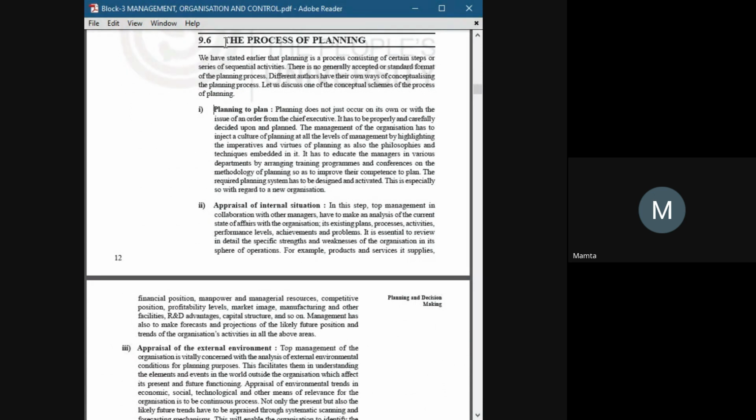Now coming to the process of planning. So the first part is planning to plan. The first step we take forward to the plan is planning to plan. We need to think to plan. Planning doesn't just occur on its own or with the issue of an order from the chief executive.